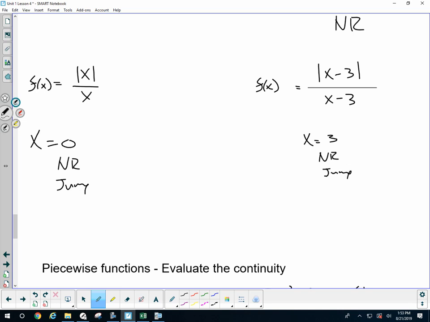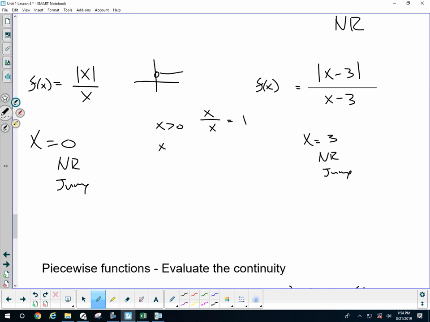And here's why. If you're talking about x's bigger than 0, the absolute value would keep the top positive, and the bottom would stay positive. X divided by x is 1. So, if I'm looking at the graph, if I'm to the right of 0, I'm up here at 1.